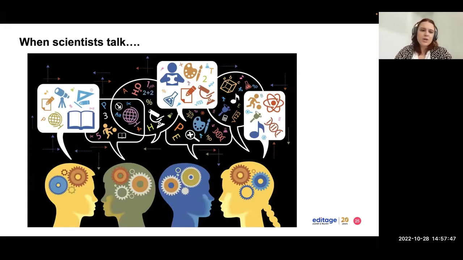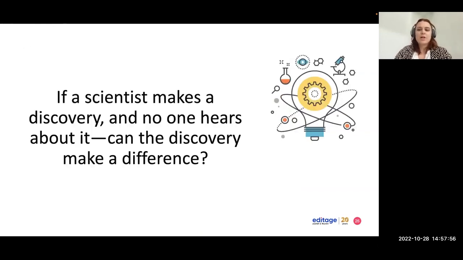What is appropriate to publish in your specific genre might not be understood even by other fellow scientists. And in order to have impact and to make a difference within your field, you would need to communicate the discovery and to communicate it in a way that others hear about.